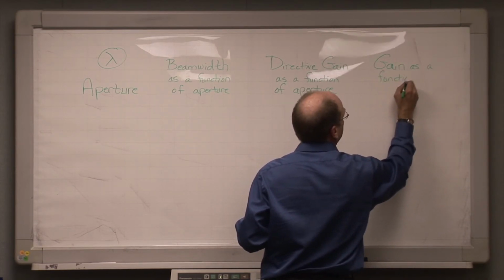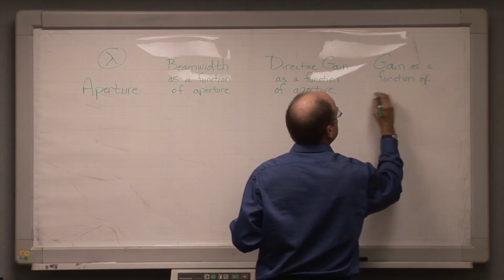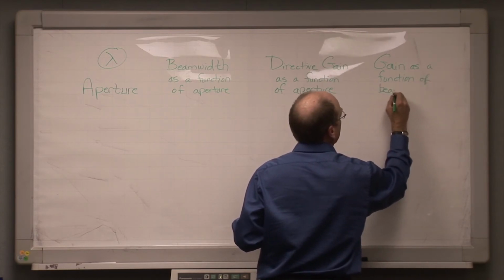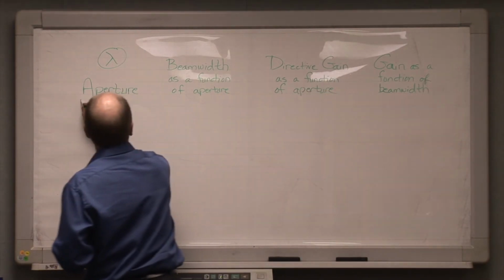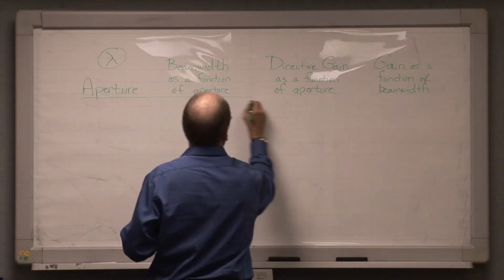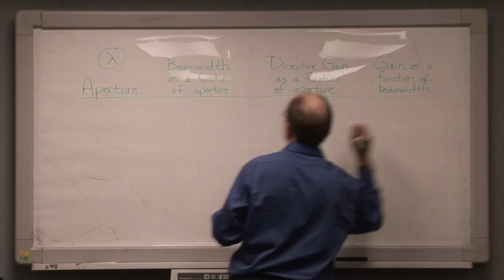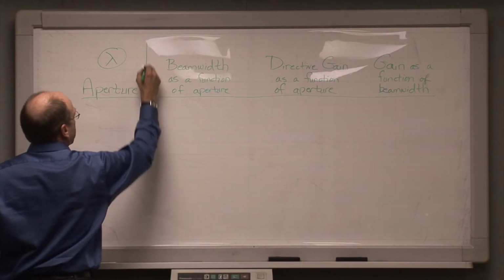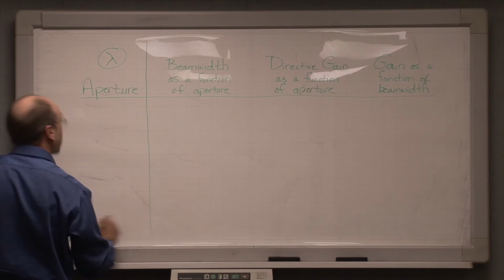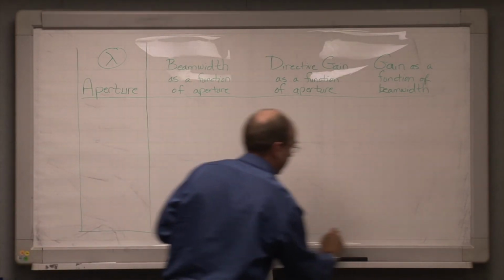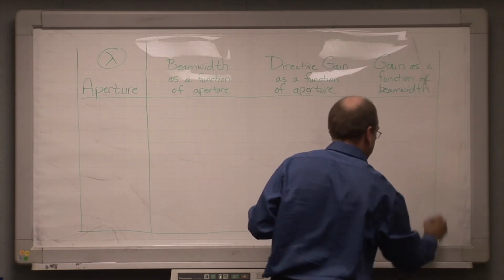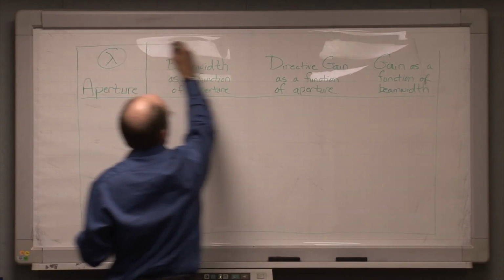And I'm going to do this for the two most basic physical apertures that we will ever encounter: a horn aperture, a rectangular aperture on the end of a horn, and a circular aperture of a parabolic reflector. Do it like this. You need a little space here, as we'll see in a moment.